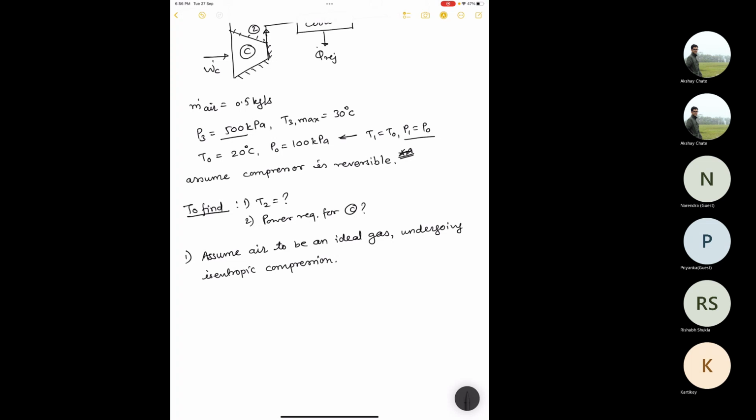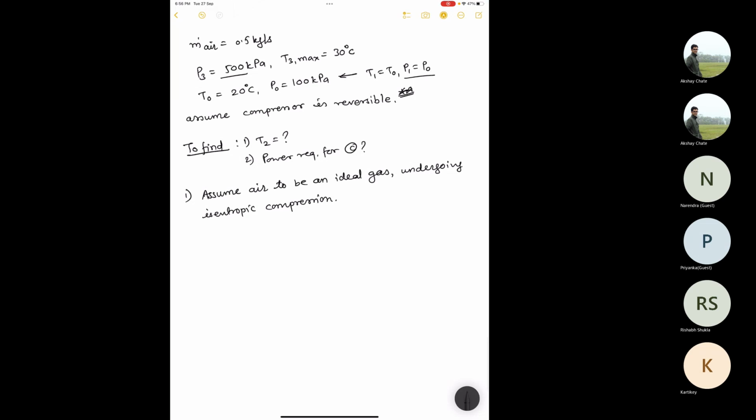So for a reversible adiabatic process with an ideal gas, you have PV equal to RT, right? And for a reversible adiabatic process, you have PV^gamma equal to C, and gamma is Cp by Cv, which is 1.4 for air.